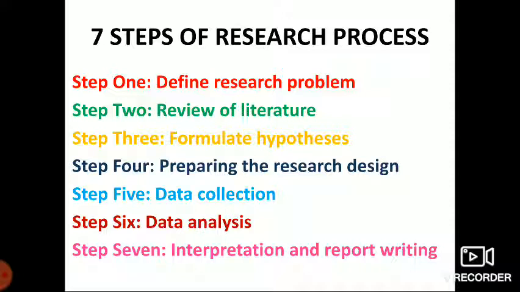If a researcher clearly identifies their problem, 90% of the work is over. So problem identification is a very difficult as well as very important task for any researcher. It can be identified through different sources that we are going to see in the coming points.